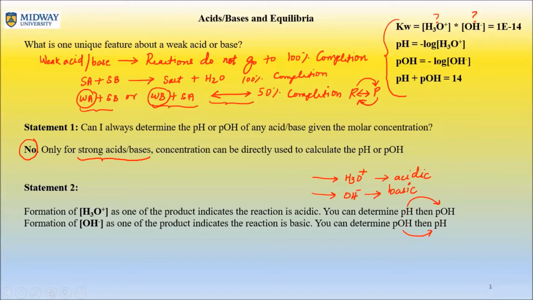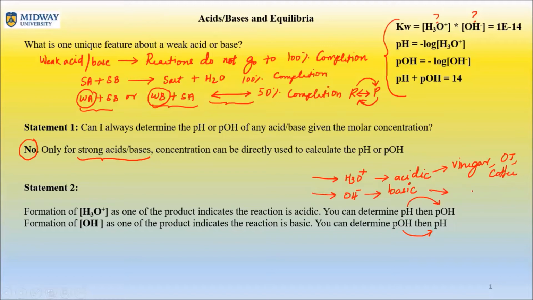So keep in mind, if one of your products is this, your reaction is acidic. If one of them is this, then your reaction is basic. So this is what was happening when we did your vinegar, orange juice, or whatever, so coffee. That's what was happening.